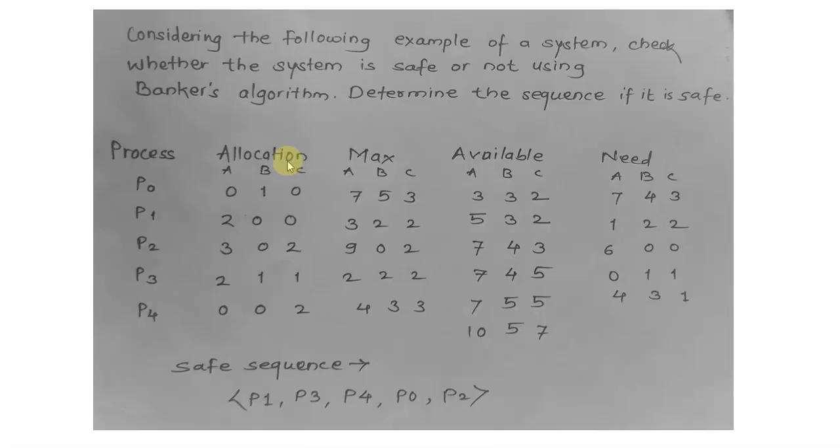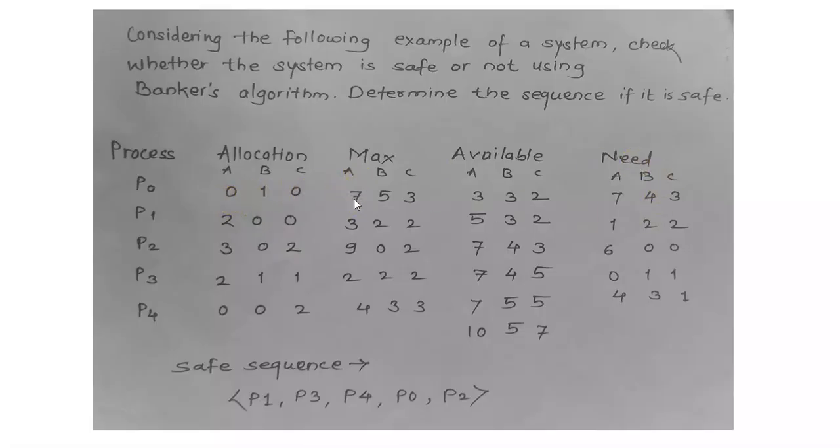When we subtract allocation from maximum need, we get the current need of the process. Now see here, let me calculate it for the P0 process. The maximum need is 7, 5 and 3 and already allocated is 0, 1, 0.